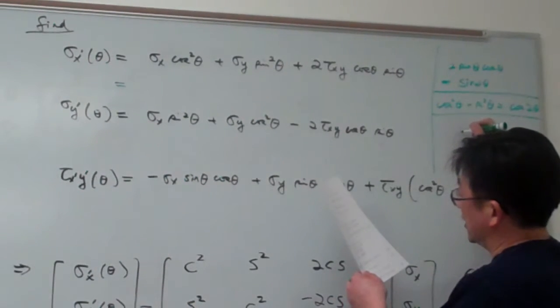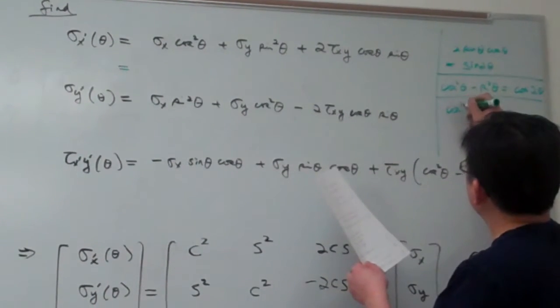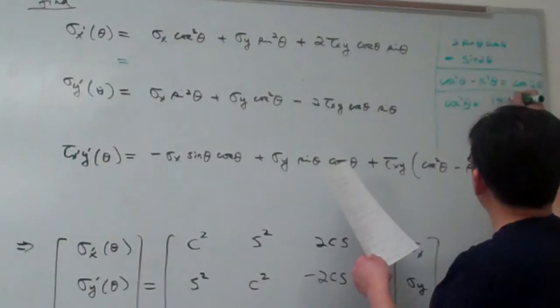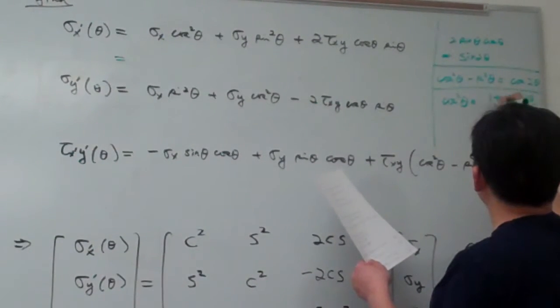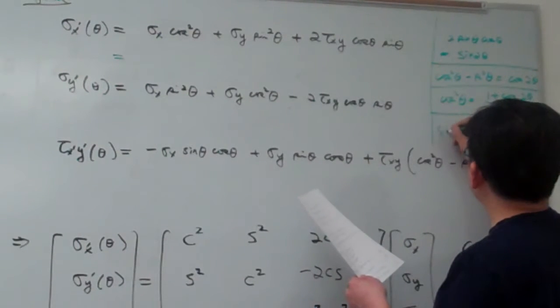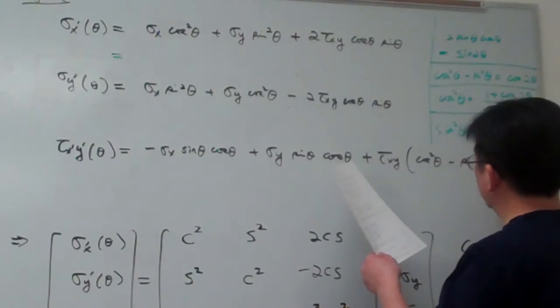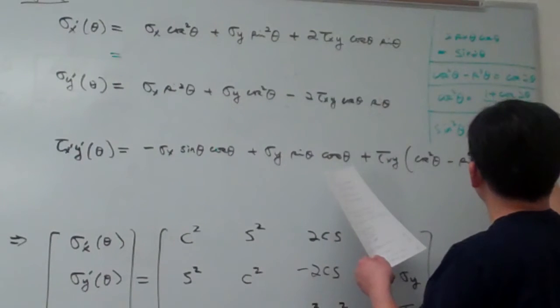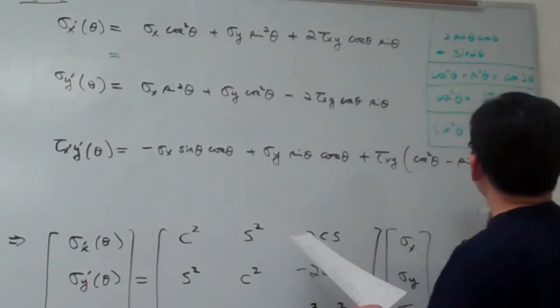Then cosine squared theta equals (1 plus cosine 2 theta) divided by 2, and sine squared theta equals (1 minus cosine 2 theta) divided by 2.